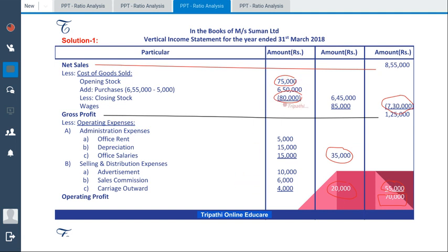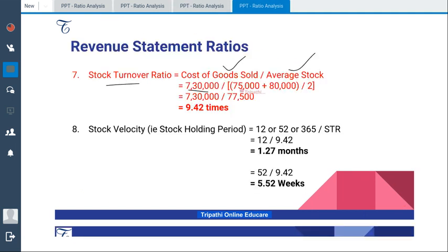So opening plus closing divided by 2 will give you average stock. So 75,000 plus 80,000 upon 2 gives average stock 77,500. So cost of goods sold 7,30,000 upon 77,500 gives us 9.42 times. So stock turnover ratio is 9.42 times.